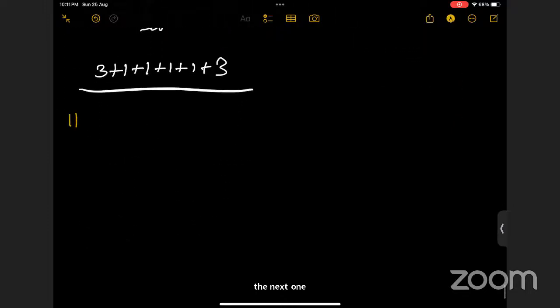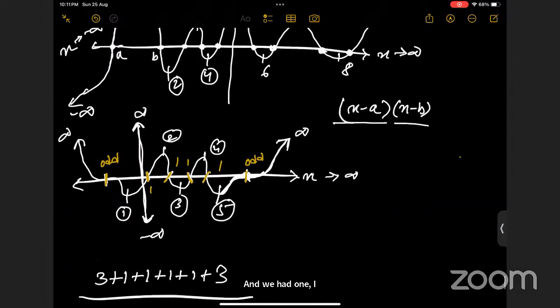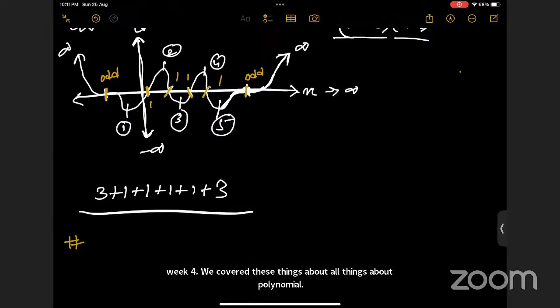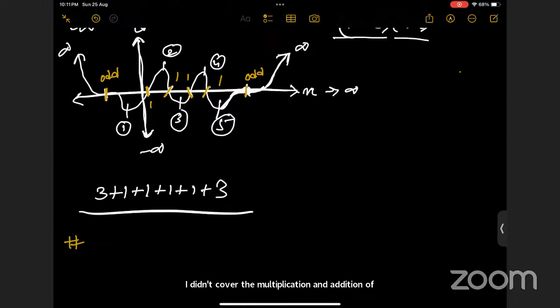Then we had, I think it was in week 4 probably, all things about polynomials. I didn't cover the multiplication and addition of polynomials because I guess all of you are comfortable with polynomial operations.